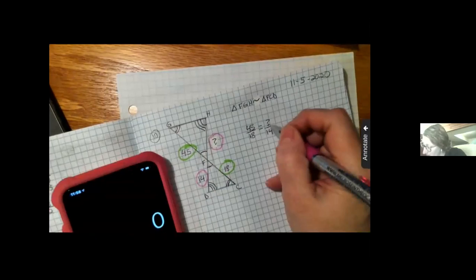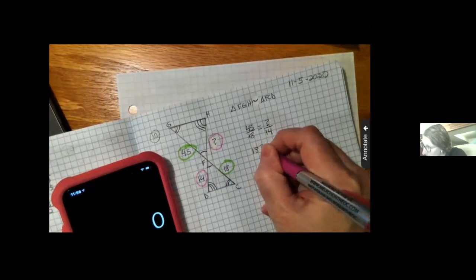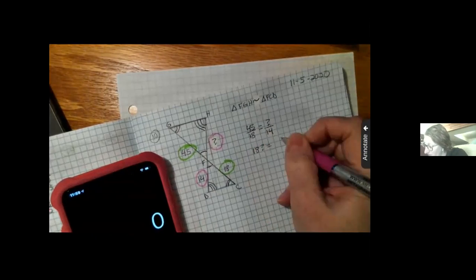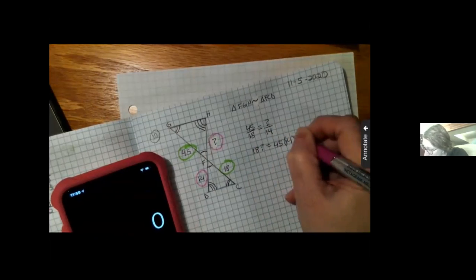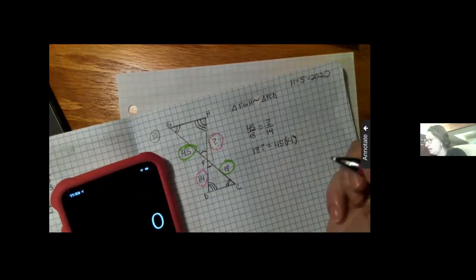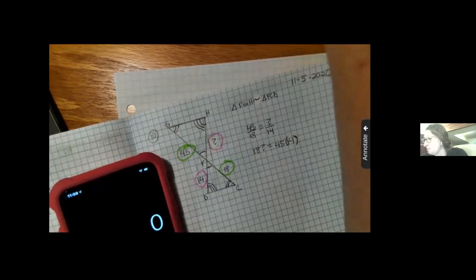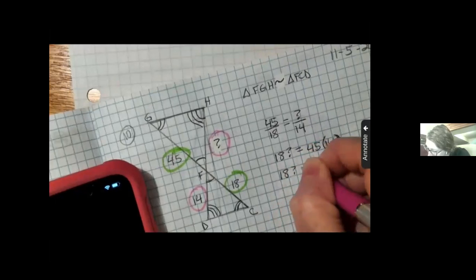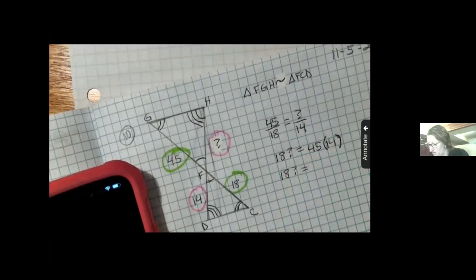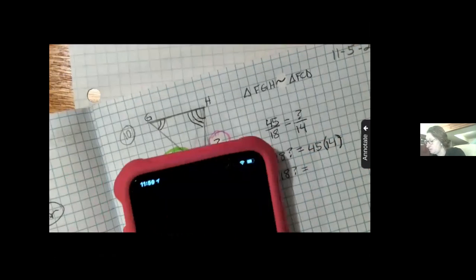Now I'm going to cross multiply and have my calculator ready. So 18 times X equals 45 times 14. Okay, so now I just do the math. I don't know what 18 times X is, but 45 times 14 is 630.